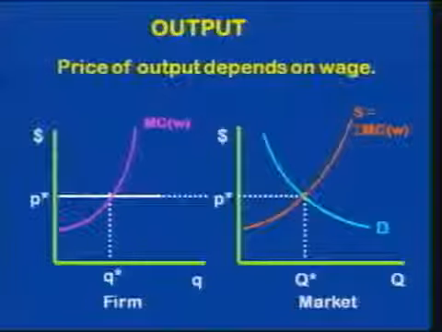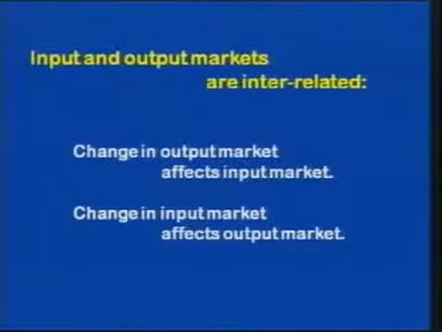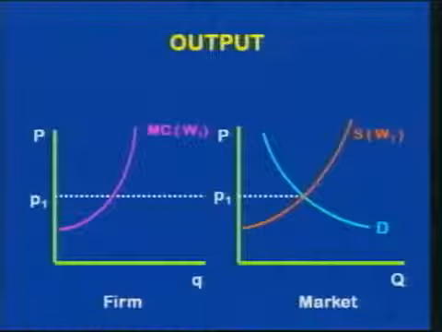Here, a change in the input market affects the output, and a change in the output affects the input. This is what an equilibrium is going to look like in both markets simultaneously. And I'm going to talk about how to think about this and mathematically how you would do it if you're interested in the math concepts of it.